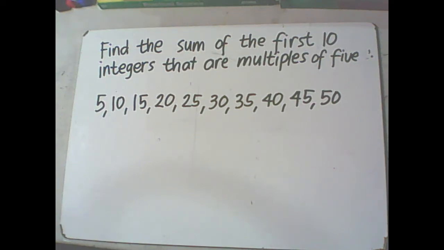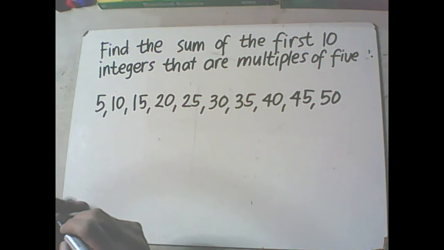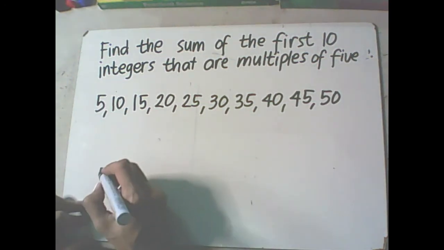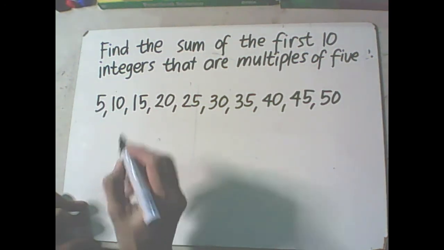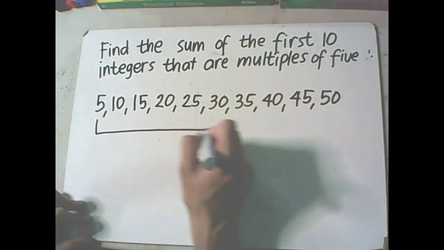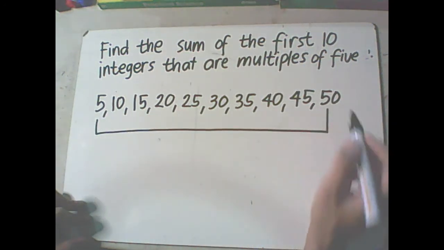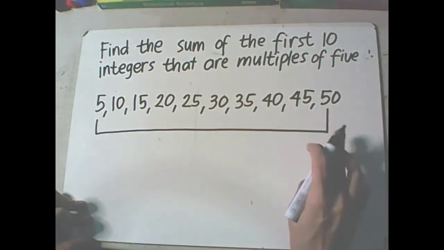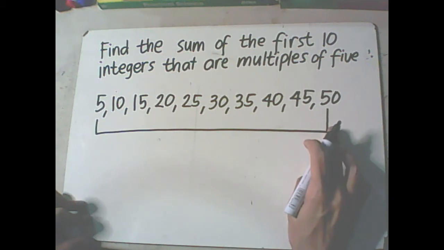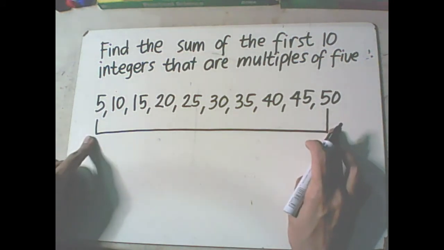So how do we do that? One specific idea where we can apply is this one. If you take a look at this, there is a pairing of 5 and 50. So the sum of these two is 55.